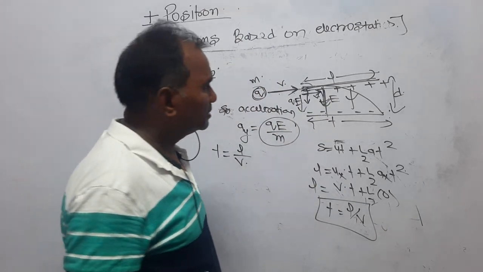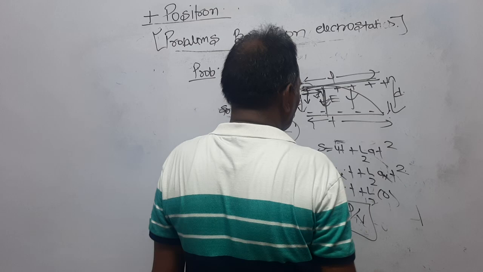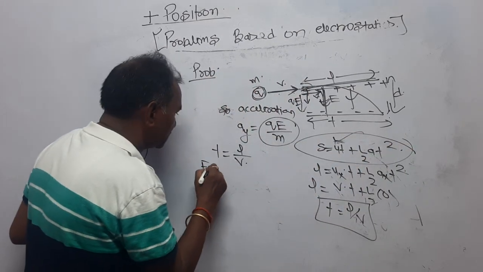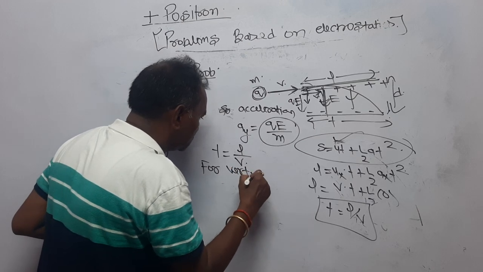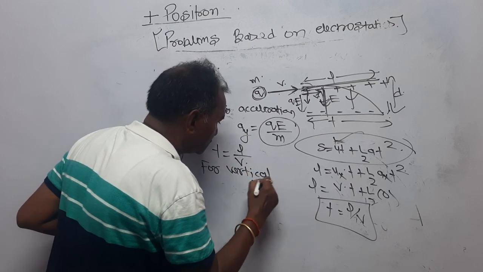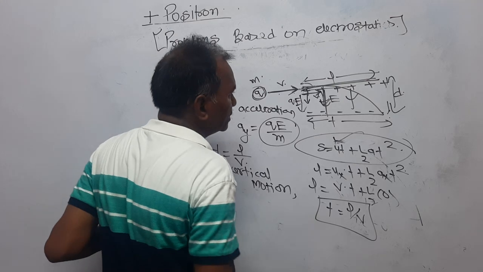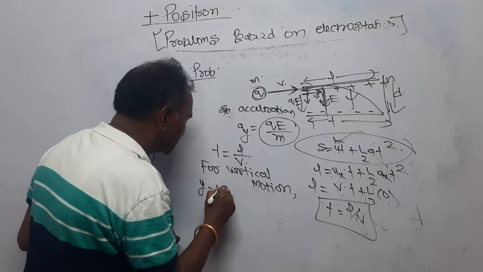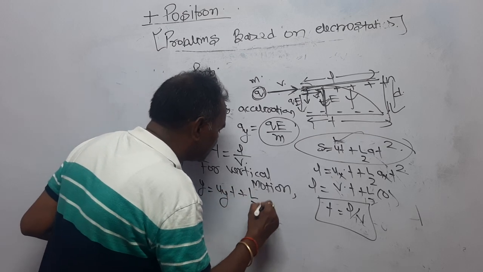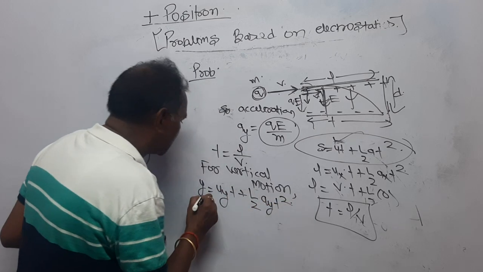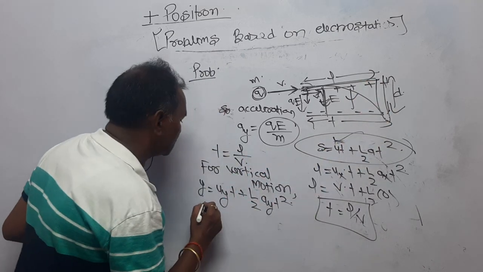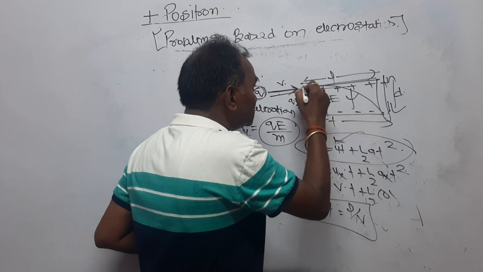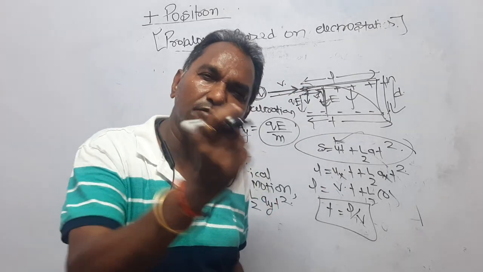Now dear students, we have to find this. If this formula is applied for vertical motion, now it's interesting. Dear students, look here. S is y, that is uy into t plus half ay into t square. Now y is d, the distance between the two plates. Uy is 0. The charge enters with horizontal velocity, so the initial vertical velocity is 0.